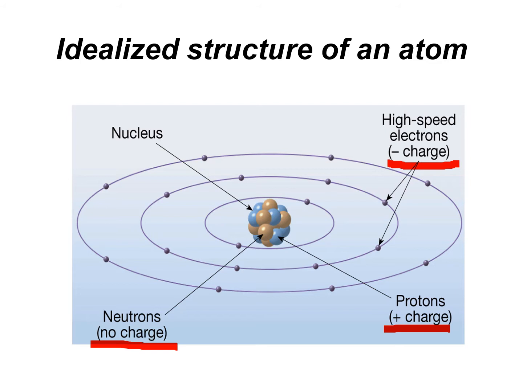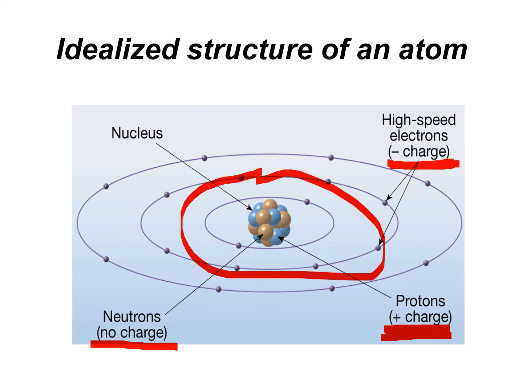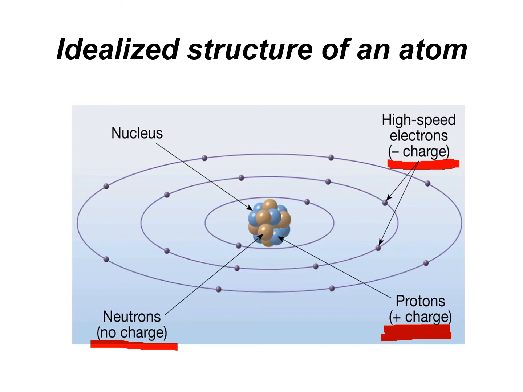If the number of electrons and protons are the same, the charge is balanced out, and it's a kind of stable makeup like that. However, if there are more protons, not enough electrons orbiting around, then there'll be a positive charge and it'll be a cation. If there are more electrons, then it'll be a negative charge and we call that an anion.